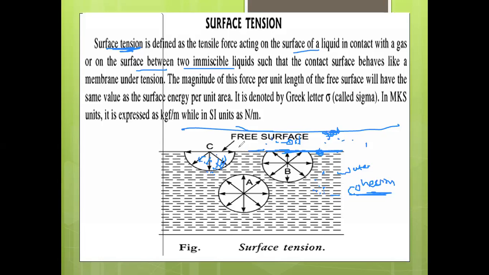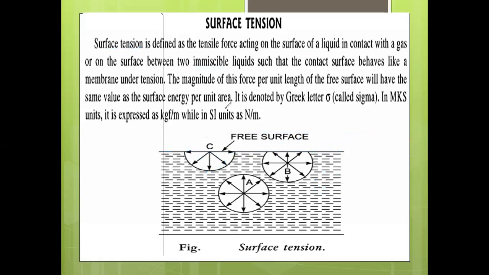Because of that, this surface, which is in contact with the gases or air, or with other liquid, will behave like a membrane under tension. Okay, this tensile force which is acting on the surface is called the surface tension.